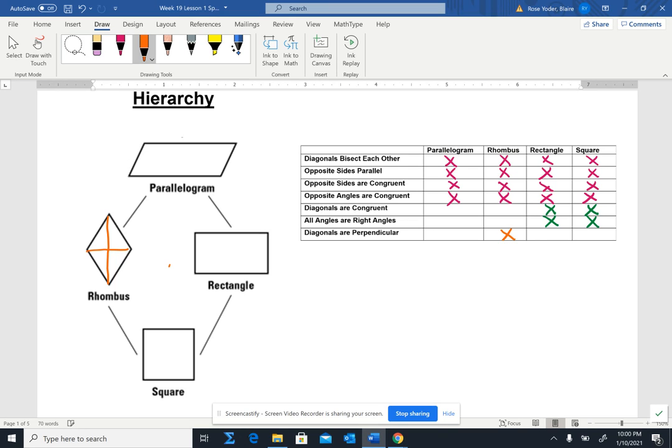So if it's true for a rhombus, it's automatically true for its child, the square, but it's not true for a rectangle. So that's how the family tree works. There are other features too that we could look at, but I thought that was a good way to get you started. And hopefully you can see the relationship. If it's true for the parent, it's true for the kid, which means squares inherit lots of features because if it's true for either a rhombus or a rectangle, it's true for a square.